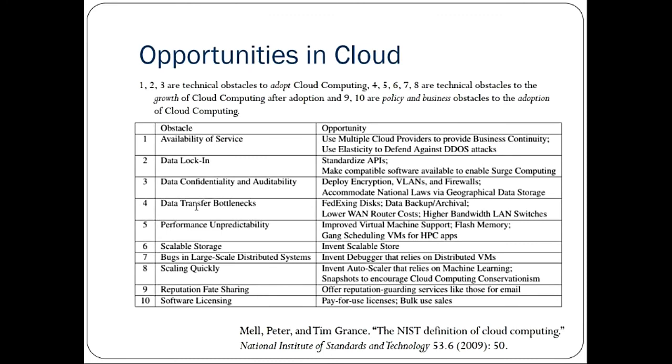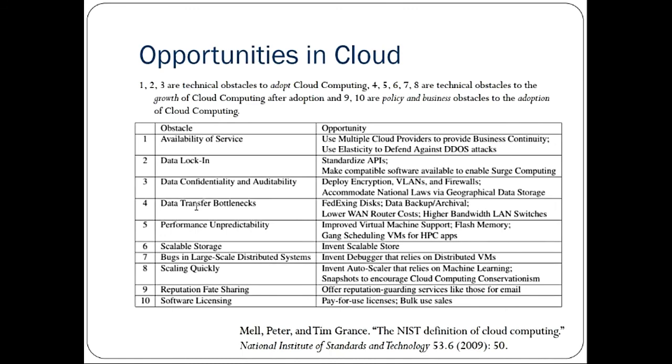Then for bugs in large scale distributed system, we need to write a debugger as well for distributed virtual machines. Then scaling quickly is like auto scale, which could be written based upon machine learning features, that learn where we need to scale and at which time we have to scale. So all these scaling quickly features are required to be developed.